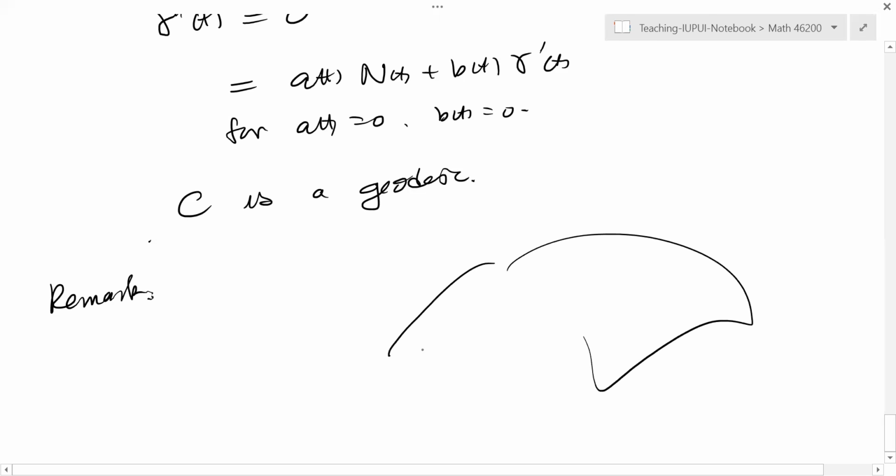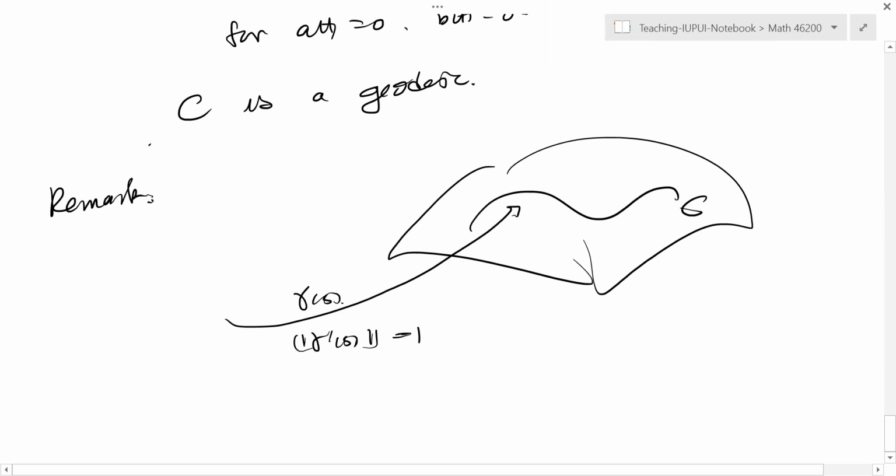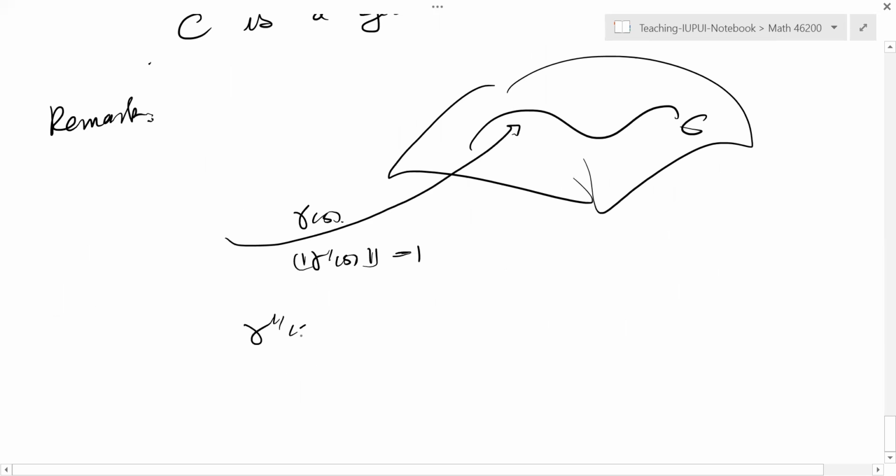So we have a surface and a curve on it, which I usually denote by C. Then you find the parameterization gamma with gamma prime of s having length 1. The second derivative is Kn(s) times the normal plus Kg(s) times the other direction.